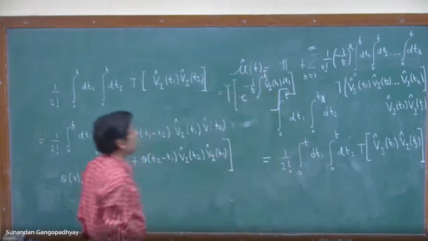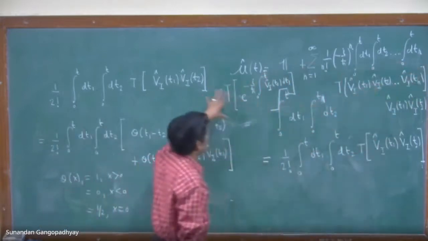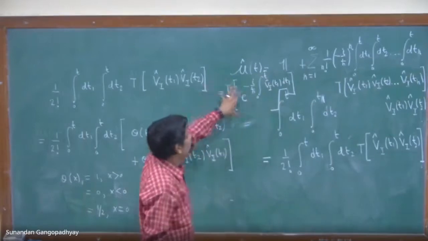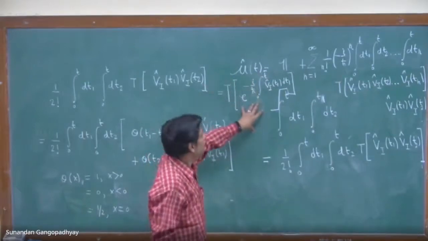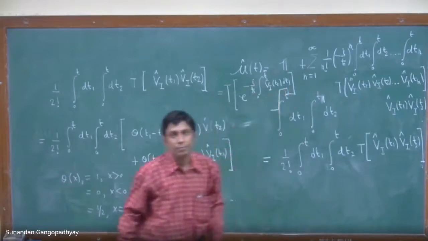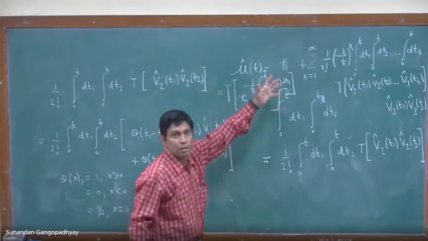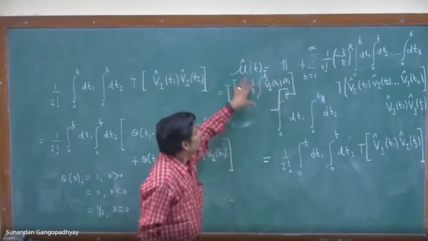So this full infinite series expansion, you can write it down in a closed form as the time ordered product of e to the power of minus i by h bar integral 0 to t V hat I t1 dt1. So this time ordered product of this exponential basically is equal to this.